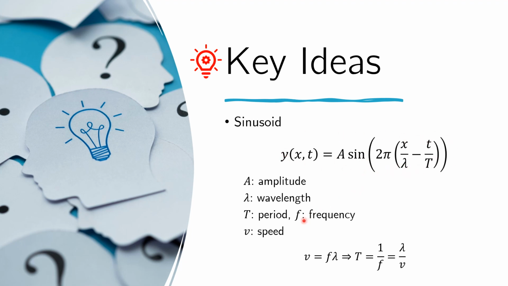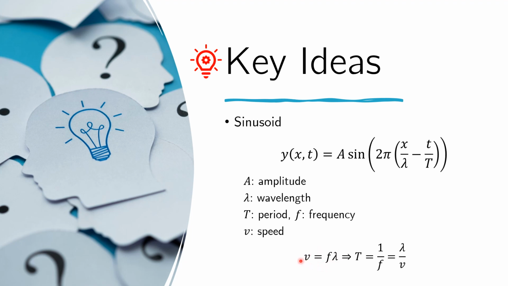And we also recall that we have other quantities called frequency, which is the reciprocal of your period. So if you know the period, you can compute the frequency. If you know the frequency, you can compute the period. And we also have speed. And this is important because the frequency and the wavelength are related to each other using this equation here.